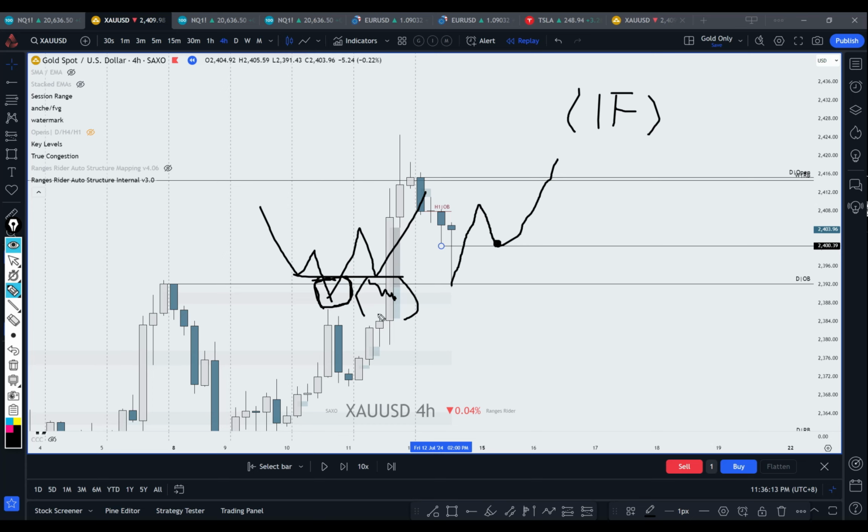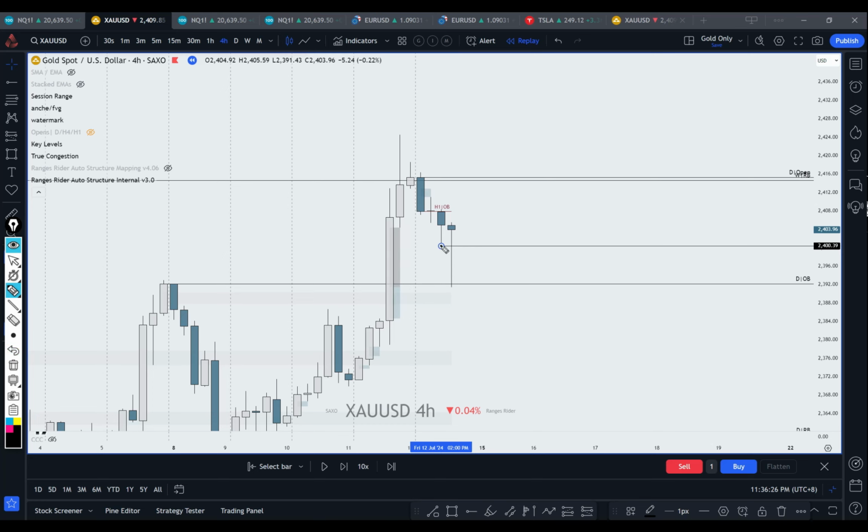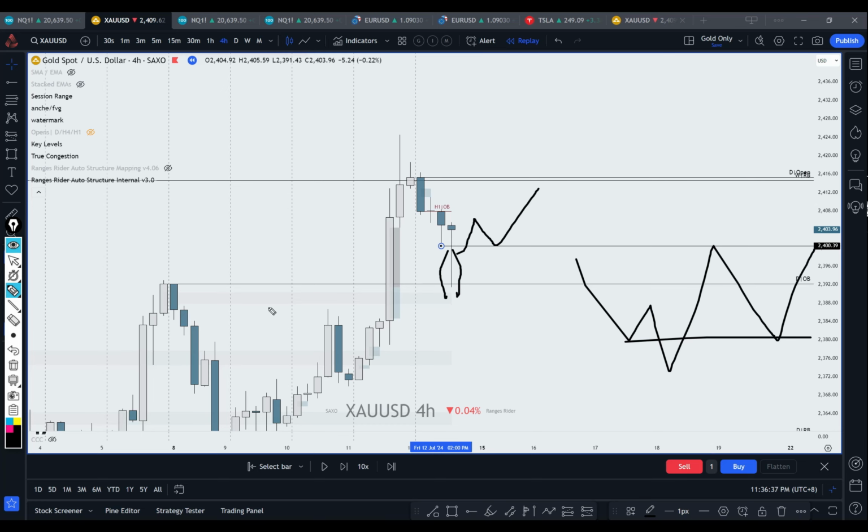Those sellers are right, and of course they will make money. Simple. But if the market wants to go up, they are not going to have the opportunity to close their positions. So if this is the low and this is the manipulation, we are looking for a buy into this one, like I gave you the example somewhere here.